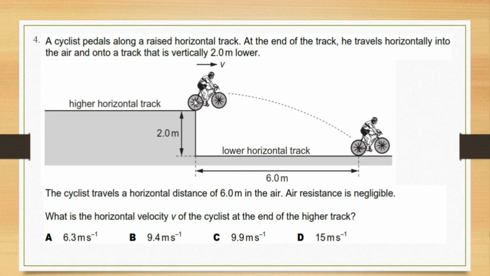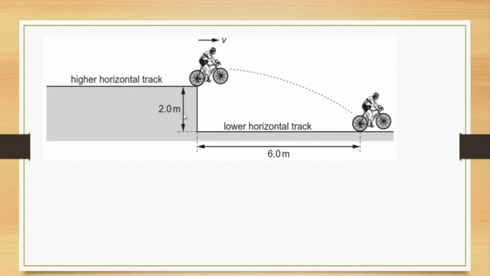Here we can see that this cyclist will travel a projectile path, but not a complete projectile path. The vertical distance he travels is 2 meters. Y equals u0y, the vertical component of initial velocity, times t minus a half g t squared.